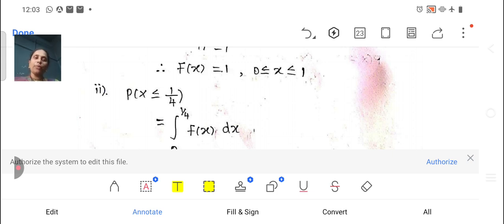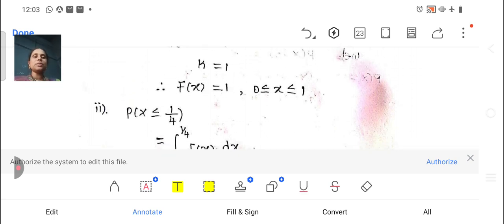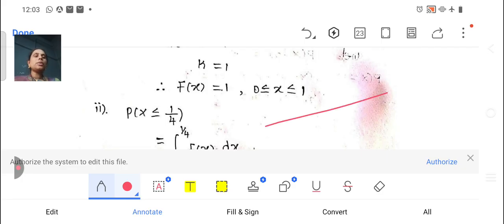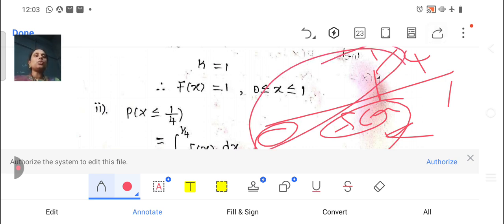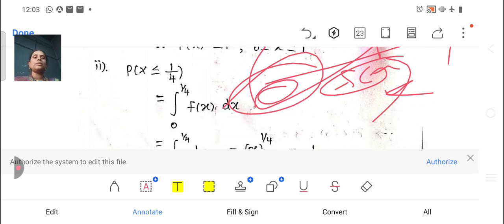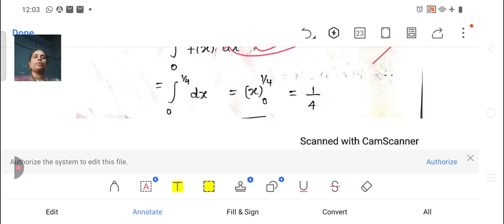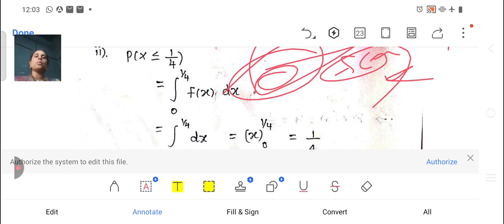Here f of x is k, and the 1 by 4 occurs in our condition, so P of X less than or equal to 1 by 4 uses the range with 0 as the lower limit and 1 by 4 as the upper limit. Since k is 1, take it outside, so the integral of 1 into dx.